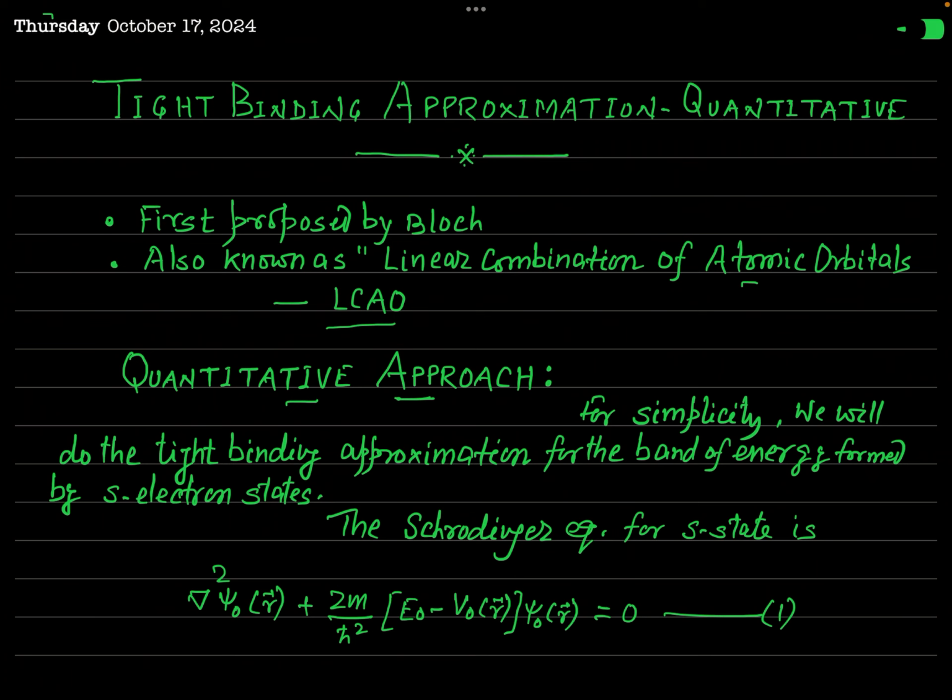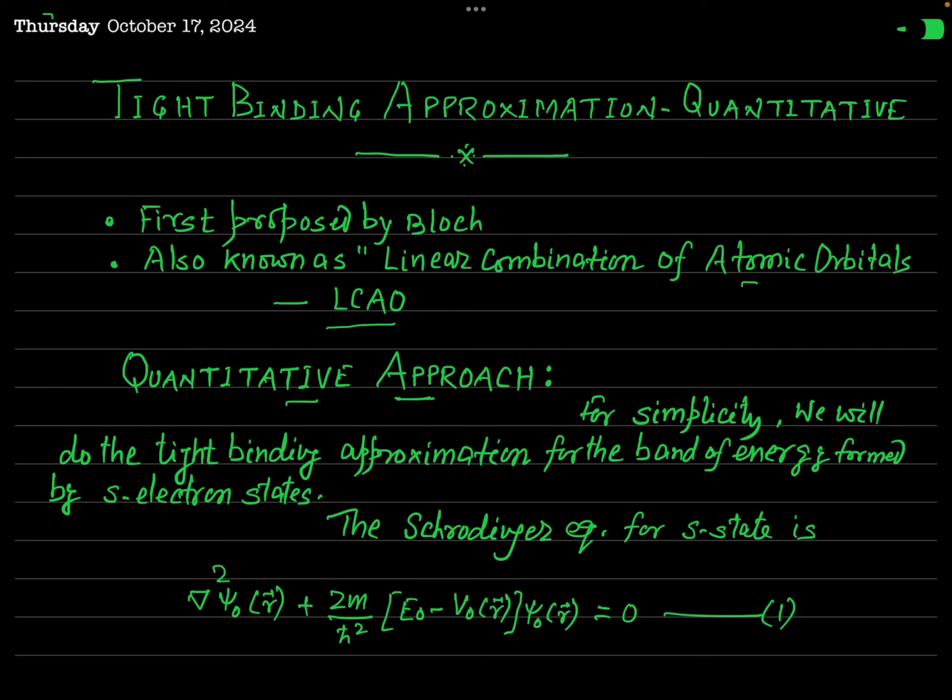So in this way we analyzed this problem in the first part of the lecture. But today, in this second part of the lecture, we are going to analyze the problem in a quantitative manner, and we will actually calculate the width of the bands in different types of crystals.